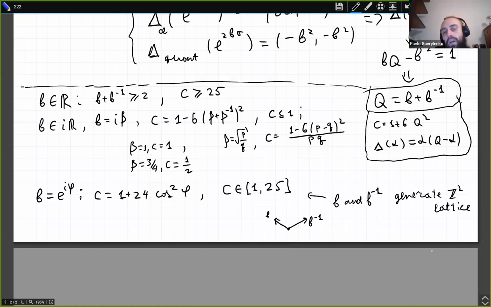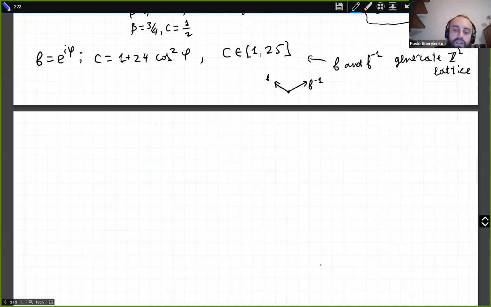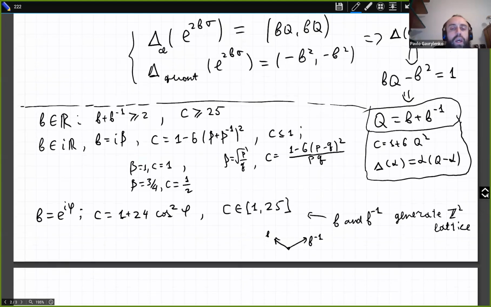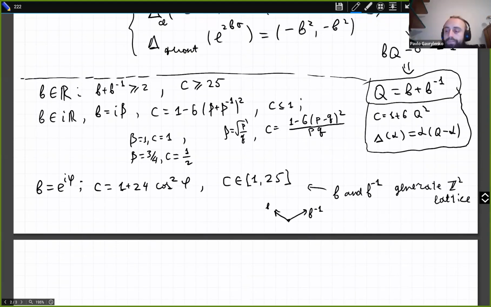And usually people want to write some difference relations which involve shifts by b and b inverse, and if their ratio is not a rational number, then you can say that if some function is doubly periodic in b and b inverse, then this function is a constant.